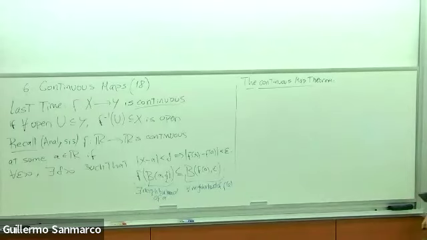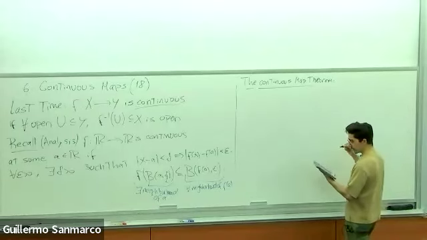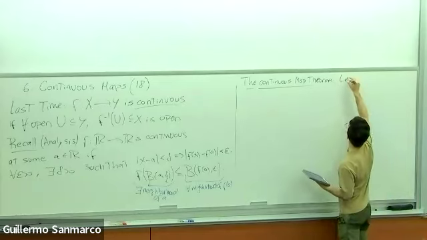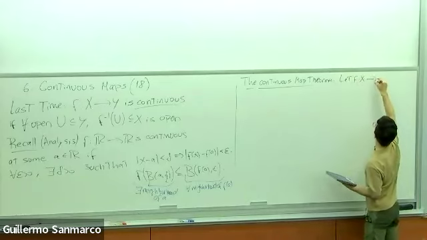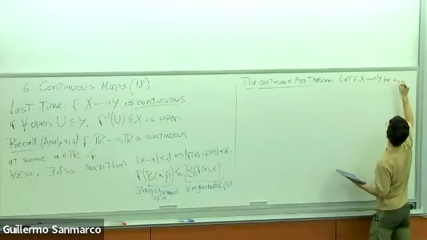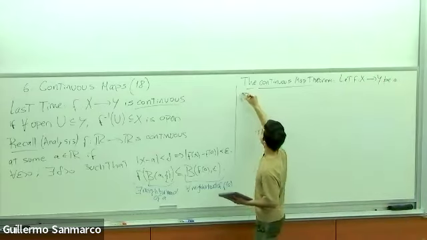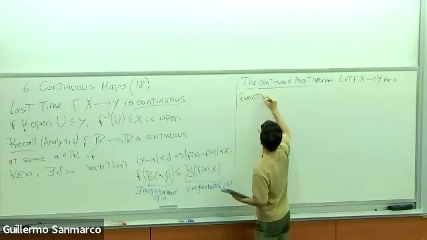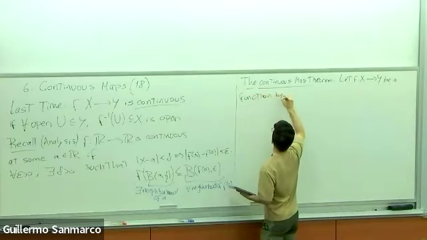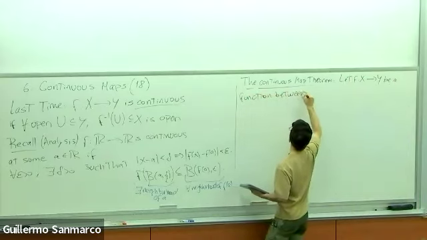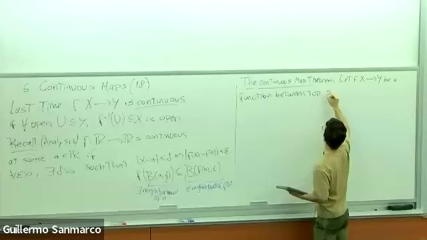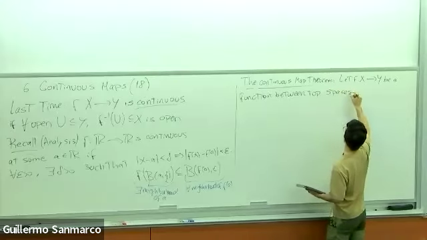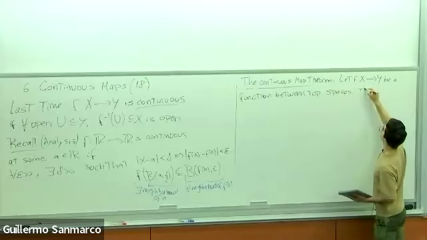We're going to revisit this one throughout the class. Let f be a function from X to Y, between topological spaces. And then I want to say the following are equivalent.